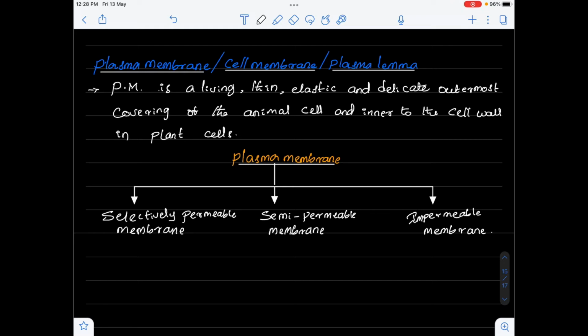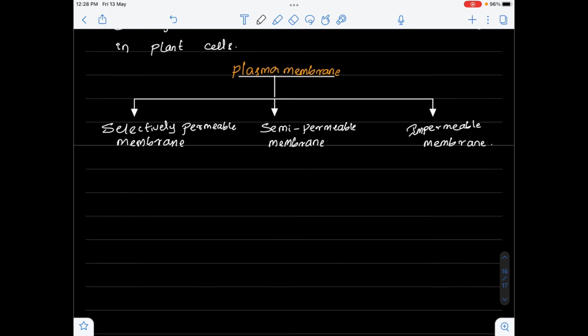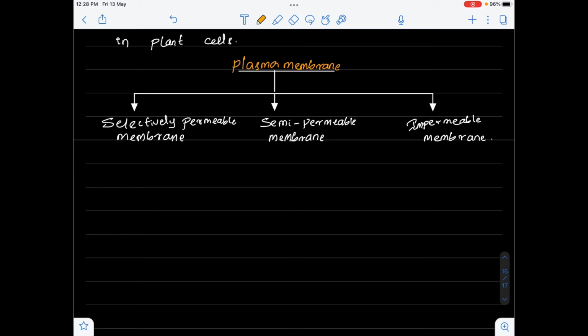Here we should remember that the plasma membrane in living cells mostly acts as the selectively permeable membrane. Now first let us discuss about structure of plasma membrane.